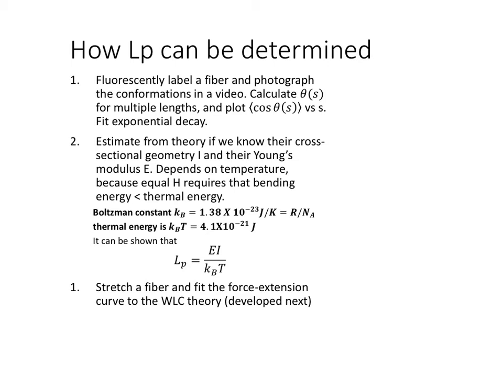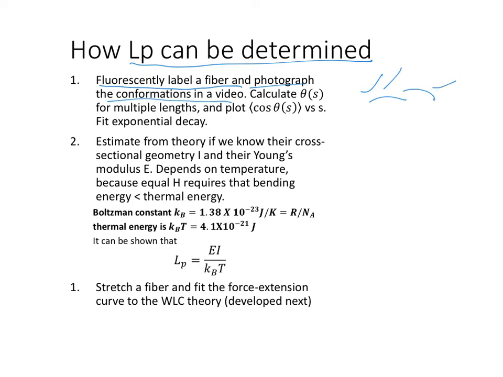Now, we might ask, well, how is persistence length determined? There are 3 main ways that this can be determined. One is that you can actually look at its conformations in a microscope if you fluorescently label a single fiber, maybe anchor one end or even leave it free, but photograph the conformations in a video over time. So you might see something kind of moving around like this over time.